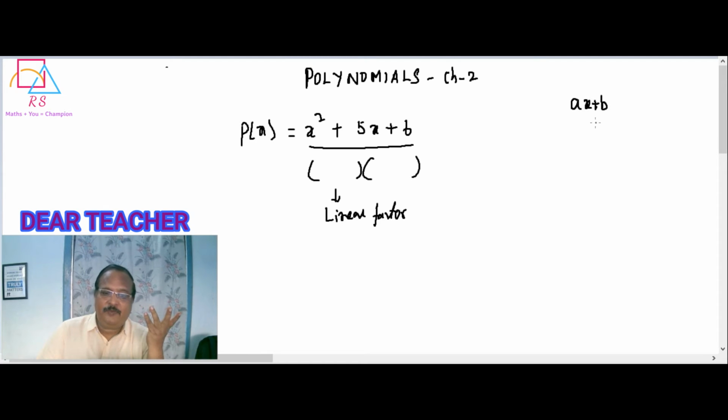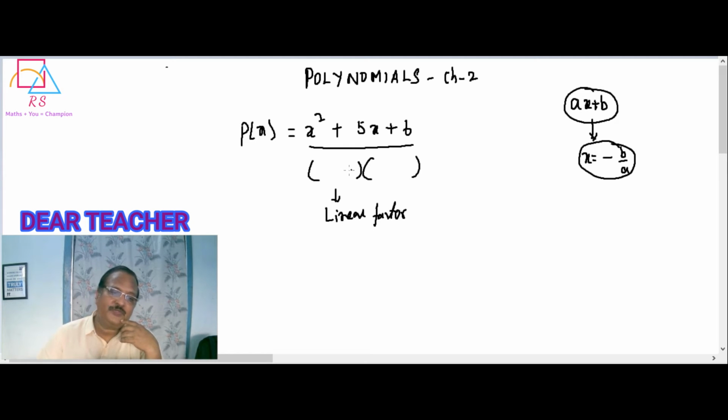For a linear polynomial, finding the zero is very easy. The zero is equal to minus b upon a. So my x is equal to minus b upon a. This is the zero of the linear polynomial. Once you get linear polynomials as factors, automatically you will get the zeros. How did you get minus b by a?